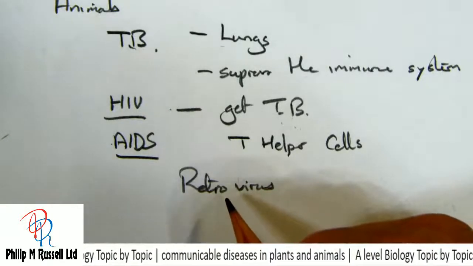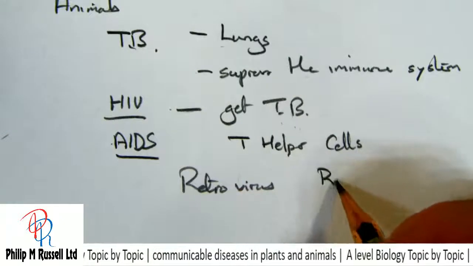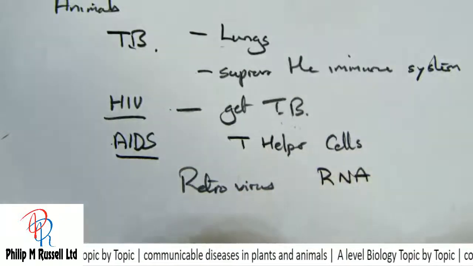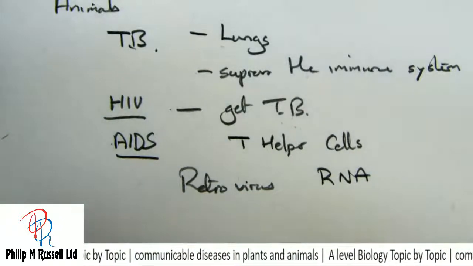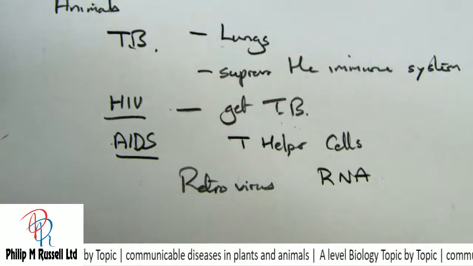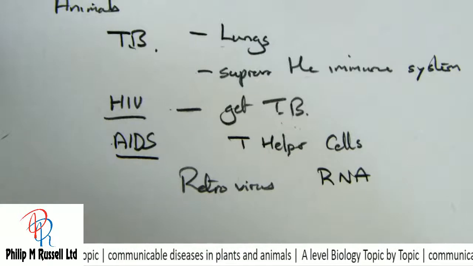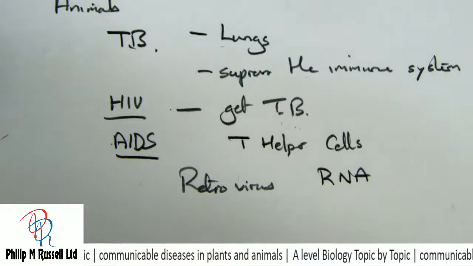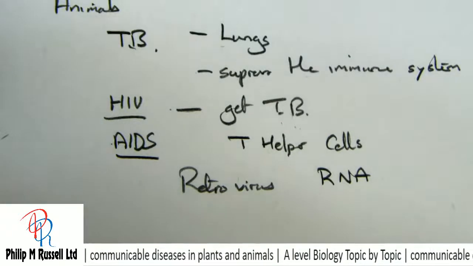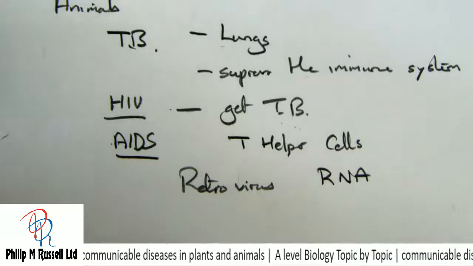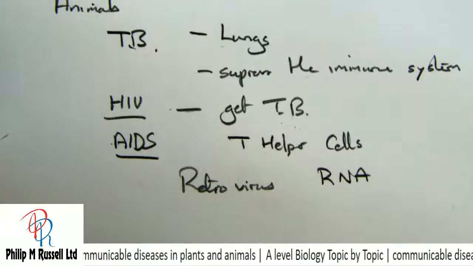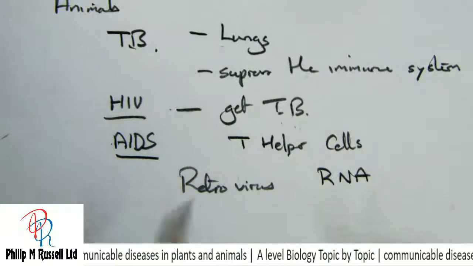And this is an RNA virus. Basically, it transcribes RNA into a single strand of DNA in the host cell. And this DNA interacts with the cellular material, the genetic material, and off it goes.